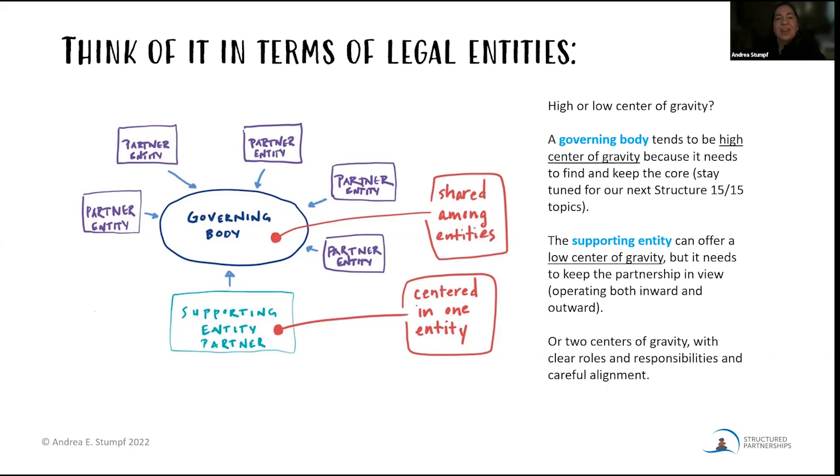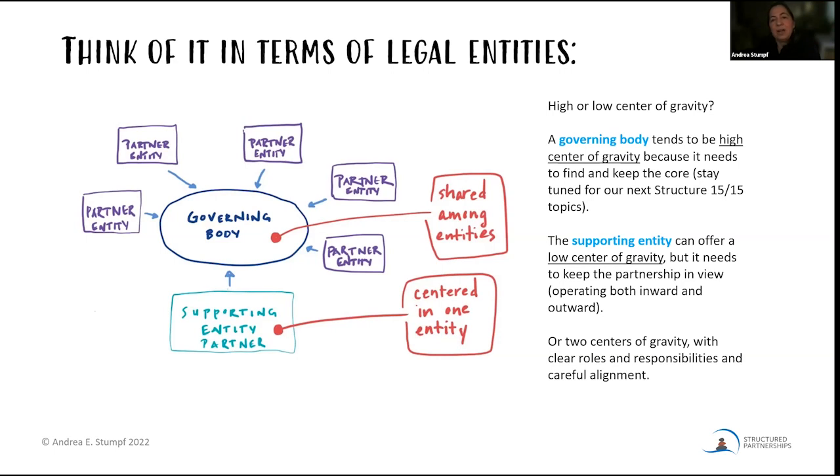But okay, thanks. So here's a question for you in this context: which of these has either a high or a low center of gravity? Based on this simplicity concept, I would suggest that the governing body version, with the center of gravity in the governing body, actually gives you a pretty high center of gravity, because it takes a lot to keep and find that core.